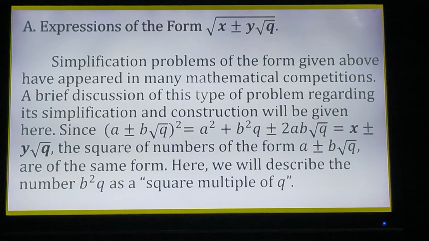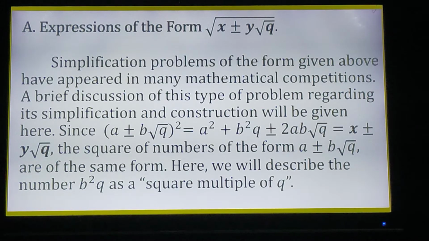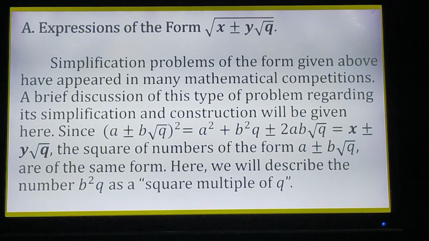Okay, first the expression square root of x plus or minus y square root of q. Simplification problems of the form given above have appeared in many mathematical competitions. A brief discussion of this type of problem regarding its simplification and construction will be given here.